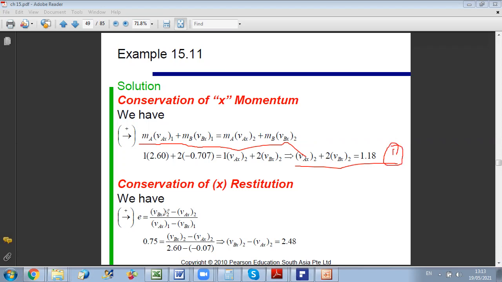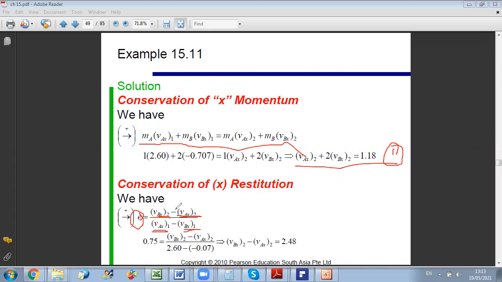I need a second relation, so I will use the restitution coefficient. But please pay attention. As we said, always take the velocities and restitution coefficient in the projection along the line of impact. The line of impact is X, so I take VBX at state 2 minus VAX at state 2, over VAX at state 1 minus VBX at state 1. Keep in mind, many people make the mistake of putting magnitudes of velocities.